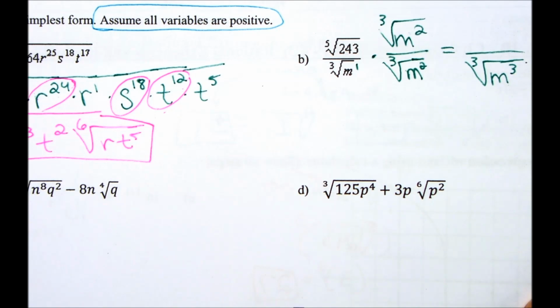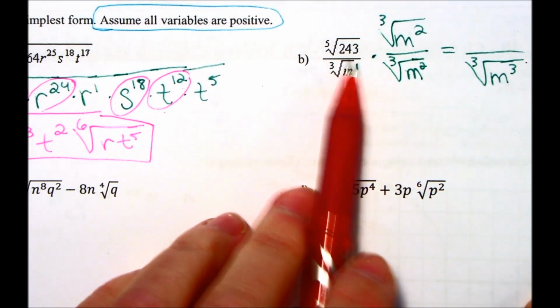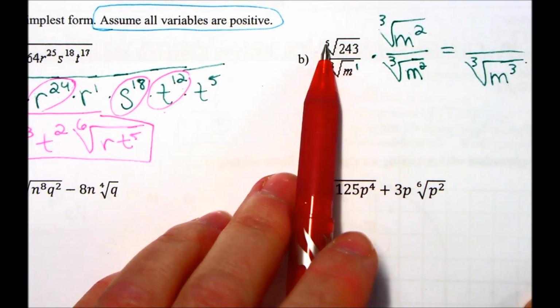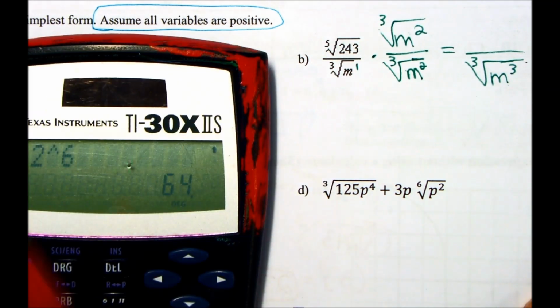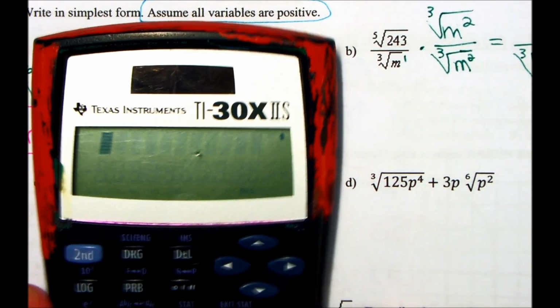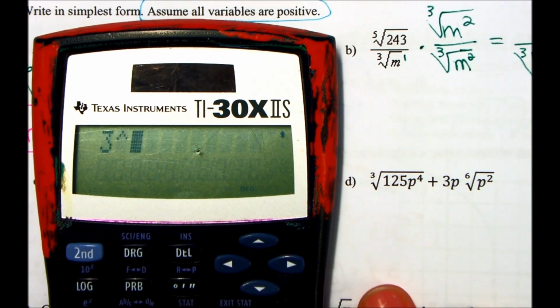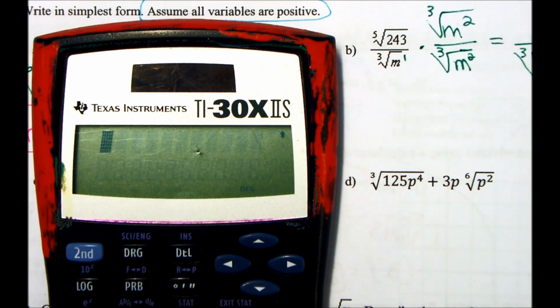So in your numerator now, we have the 5th root of 243. Every once in a while you might get something that's a perfect power, or that can be simplified. So let's just try that. I believe that 3 to the 5th power is 243. Again, I've been using a lot of these numbers for a long time, so I'm familiar with them.